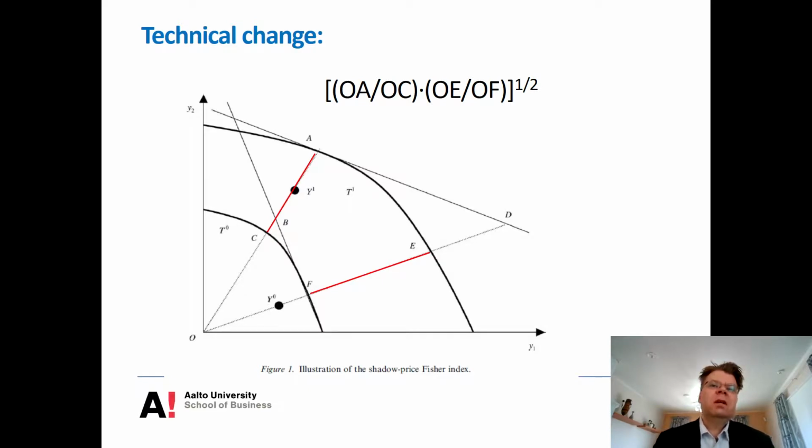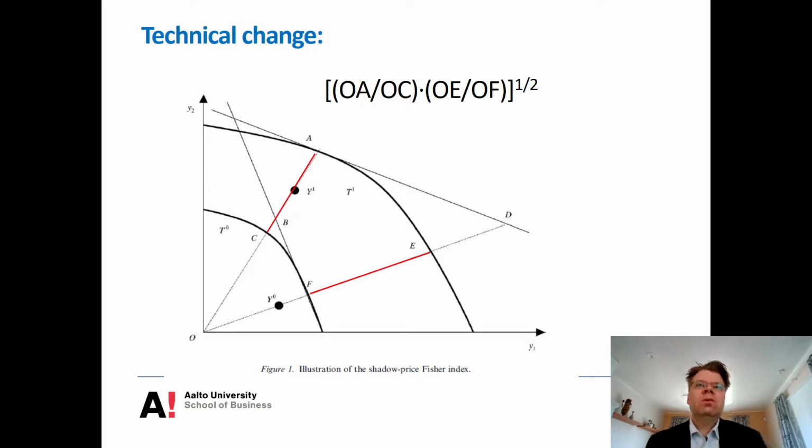Notice that if we project radially from the origin through these two isoquants, then this distance between points F and E on these two output isoquants would be a measure of how far this frontier has shifted from the base period to the target period.